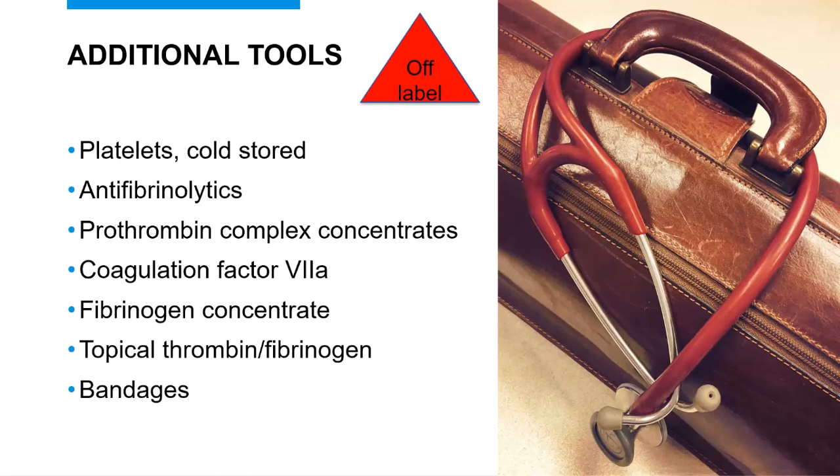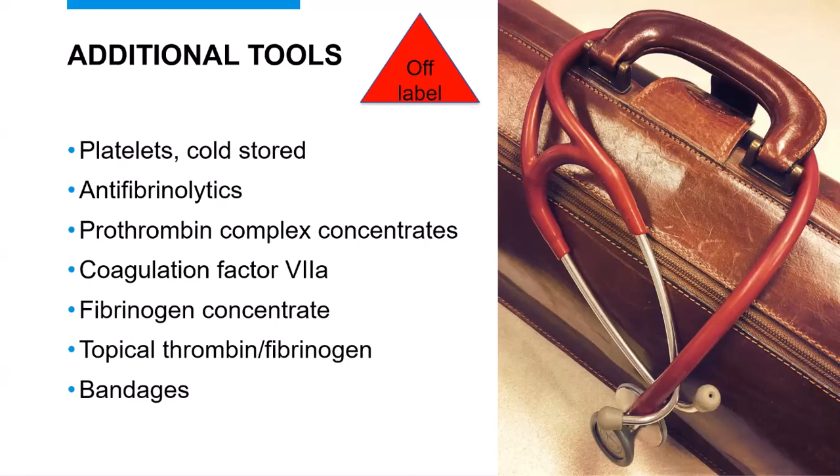So as you reflect on this lecture, you might want to take a snapshot of this image and reflect on, when would I use antifibrinolytics? When would I use prothrombin complex concentrates? When would I use coagulation factor 7A? When would I use fibrinogen concentrate? And so on and so forth.